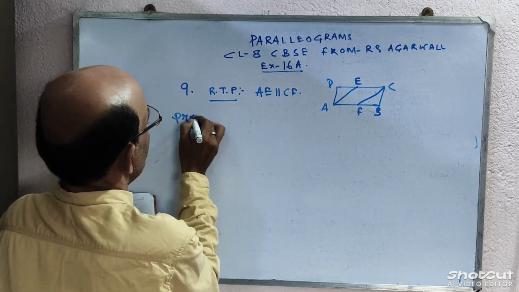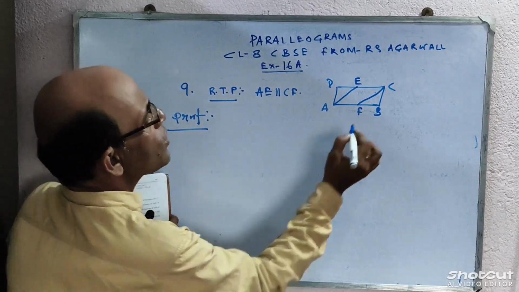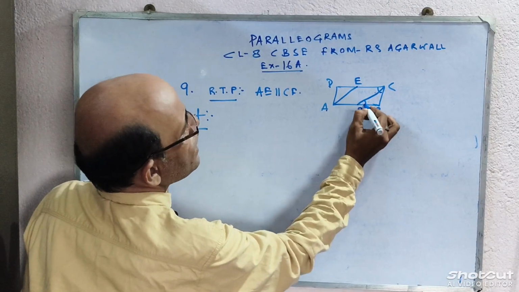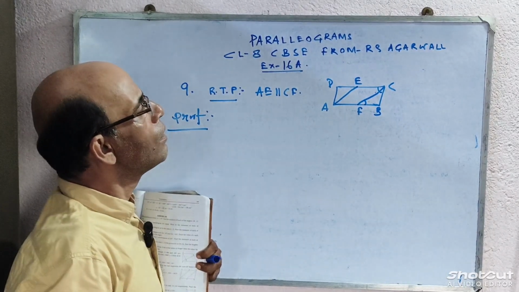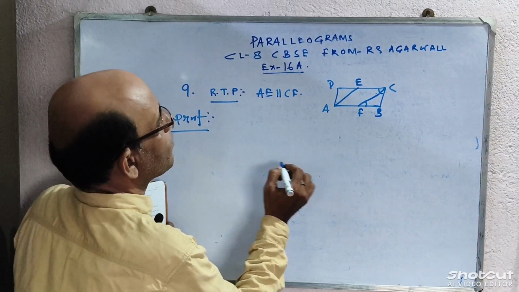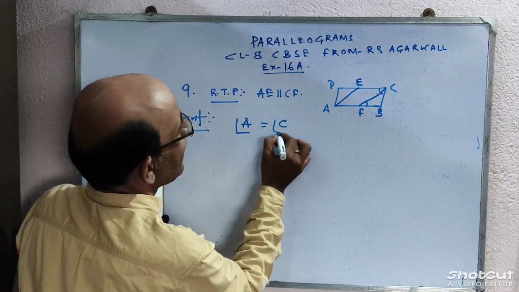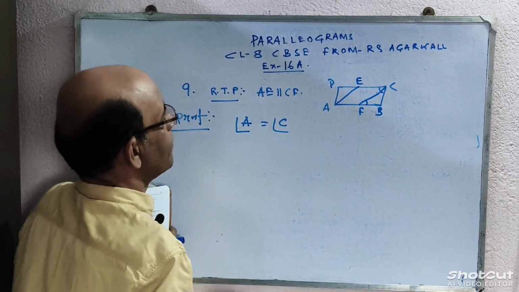Proof. First of all, angle A is equal to angle C, where A means DAB, opposite angles of a parallelogram.